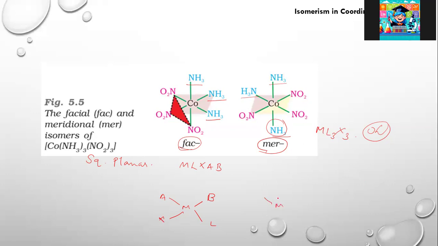These are: metal with A, L, B, X, and then metal with A, L, X, and B. Here, this is an isomer, this is also a cis isomer, and this is a trans isomer. Here we are assigning the cis-trans configuration by fixing the position of one ligand, and corresponding to that we say one is a cis isomer, the other is a trans isomer.